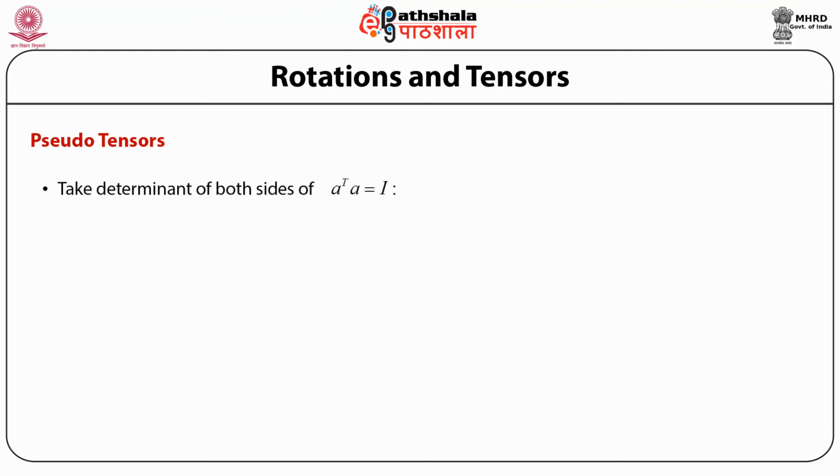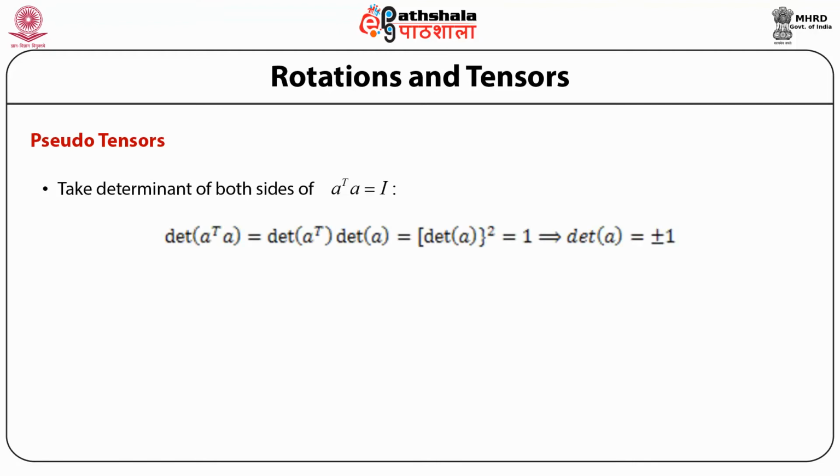Let us take the determinant of both sides of A transpose A equals I. Then we get determinant of A transpose A equals determinant of A transpose times determinant of A equals determinant of A squared equals 1, which implies that determinant of A equals plus or minus 1.